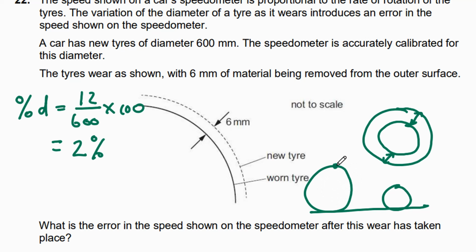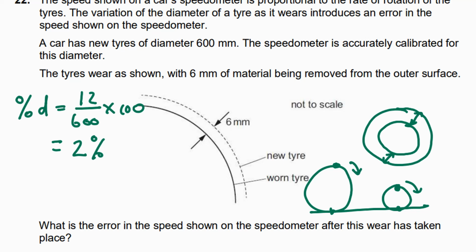If we take a particle here, the time it takes to get to the bottom here will be greater than for a tire with a smaller diameter. This particle will take much less time to get to this point, to rotate. So that means that the rate of rotation actually increases as the diameter gets smaller. And it increases by 2%.